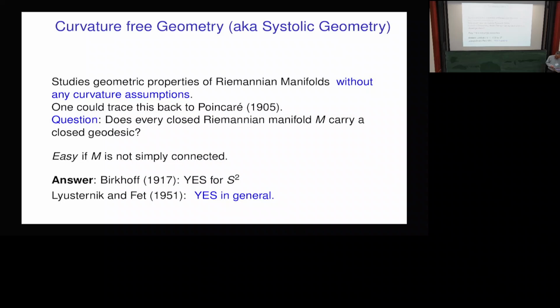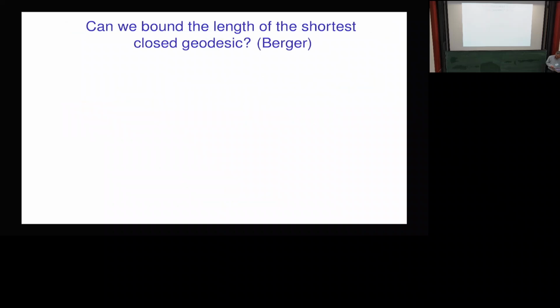So we know this is true, but this is, in a way, not very geometric. An interesting geometric question is whether one can bound the length of the shortest closed geodesic. And what does bound mean? Well, the only thing we have is the volume of the manifold, right? So we'd like to bound the length of the shortest closed geodesic by the volume of the manifold.